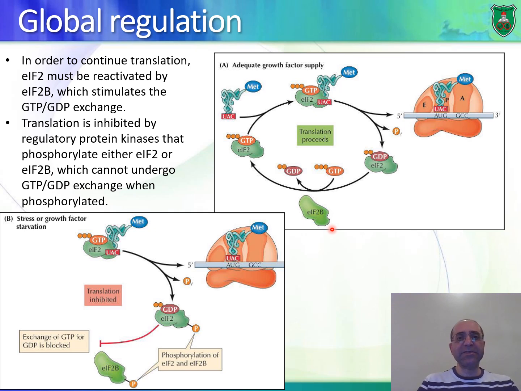So what happens is that if cells are under stress, or if there is no growth factor, in other words, cells are starved, there are not enough nutrients for cells, cells are not in a position to start growing, and they have to preserve nutrients and energy, what they do is that they shut down translation altogether, simply by phosphorylating initiation factor 2, by a kinase, okay?